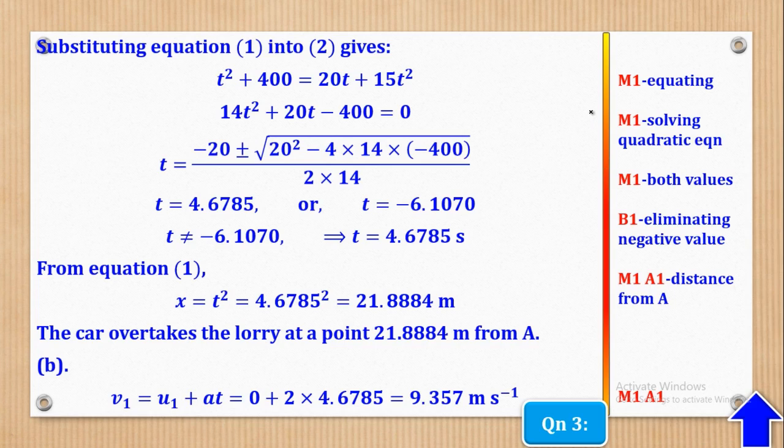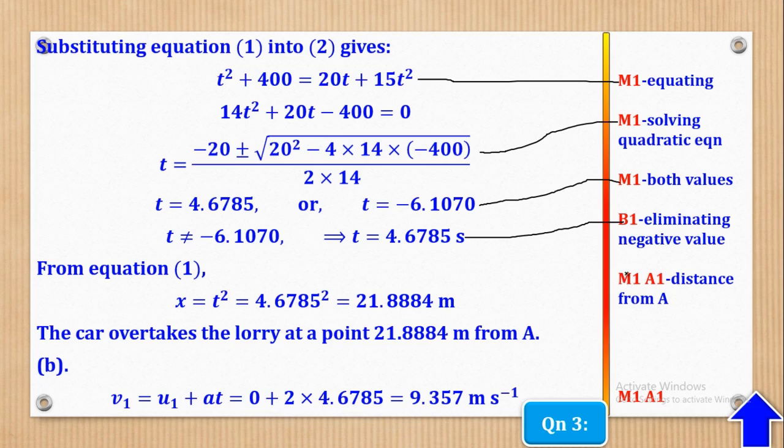Okay, so here M1 will be for equating the two equations, another M1 for solving the quadratic, and M1 still for both values. Then a B1 is for eliminating the negative value for you to conclude that T is equal to that.